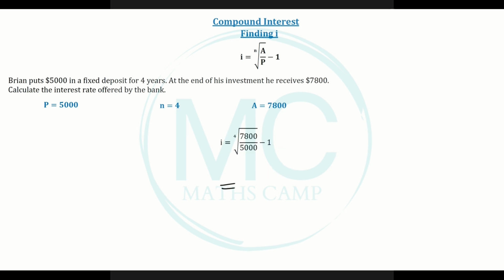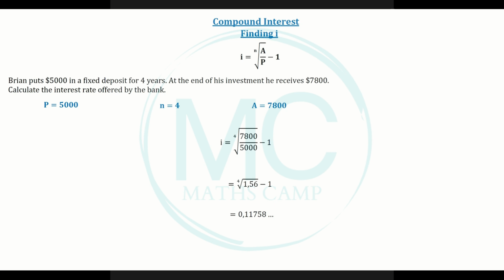Now we can divide 7,800 by 5,000, and we get 1,56 root 4 minus 1. If you take 1,56, put it into your calculator, root 4, subtract 1, we get an answer of 0,11758, and so on. This is our i value.